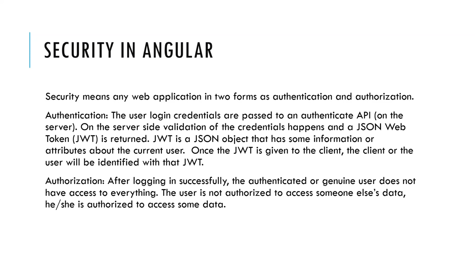Once the JWT is given to the client, the user is identified with that JWT. Authorization: after logging in successfully, the authenticated user does not have access to everything. The user is not authorized to access someone else's data, and is authorized to access only some data.